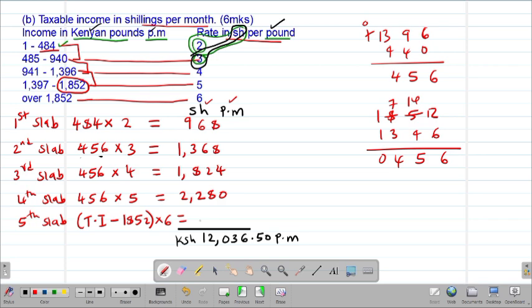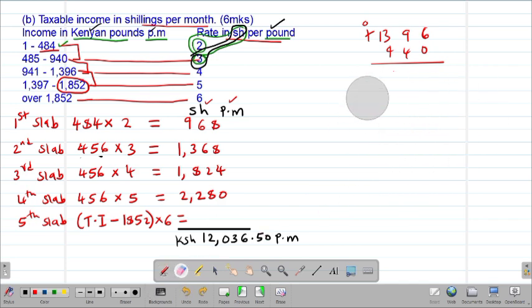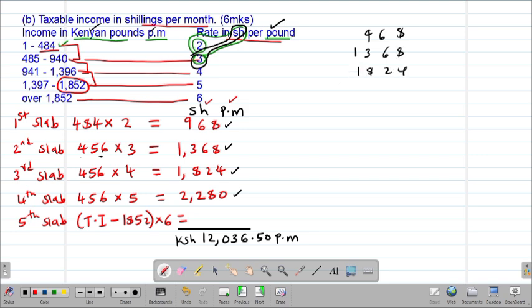So to get the amount that was remaining here, we are going to add the upper values that we have. Then of course we subtract from our total. So we need to add this amount plus this one plus this one plus this. You take 968, then you add 1368, then you add 1824, then you add 2280. You feed this on your calculator.